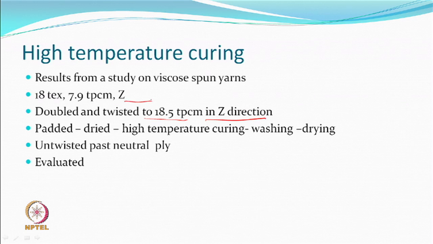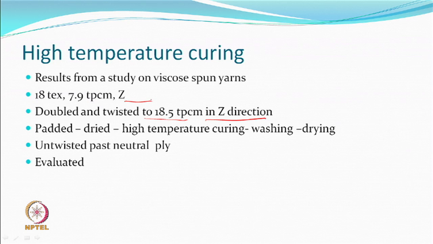This is an important thing: even if you do ply twist, you are not supposed to do the ply in the reverse direction. You may do a bad job. Some of the yarns may start opening up. So, Z on Z, right. So, you do Z on Z. Obviously, when you do the reverse twisting, it will be in S direction, that is it.